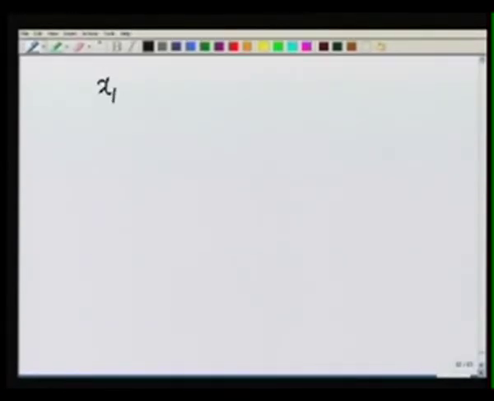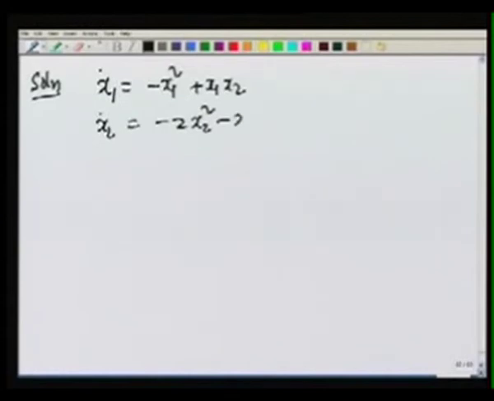So you are given x 1 dot is minus x 1 square plus x 2 and x 2 dot is minus 2 x 2 square minus x 2 plus x 2 minus x 1 x 2 plus 2.